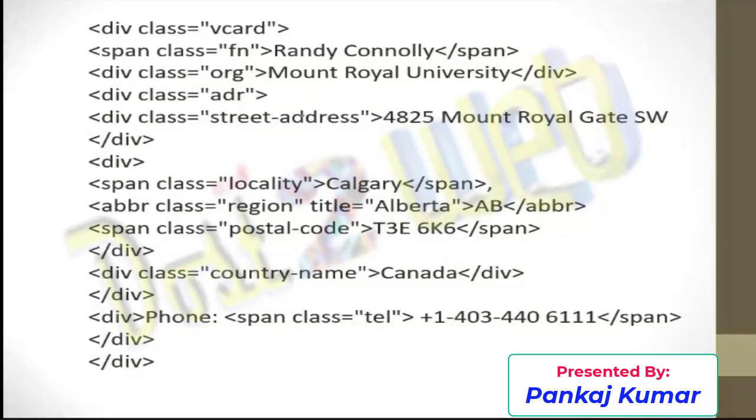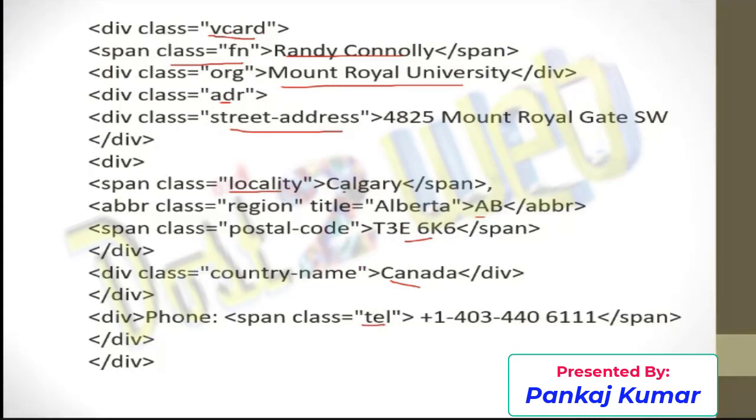And here is the example. You can see here I'm using vCard, like a visiting card. I'll write the name, then define some CSS, define where you studied, then define the address, then the locality with some class, then region, postal code, country name, telephone number.